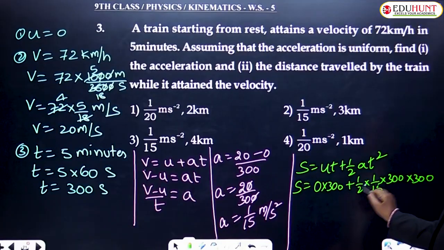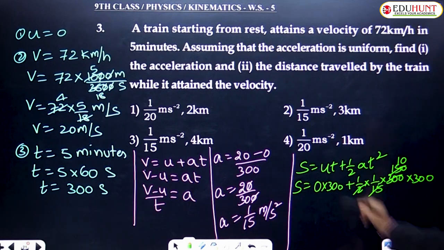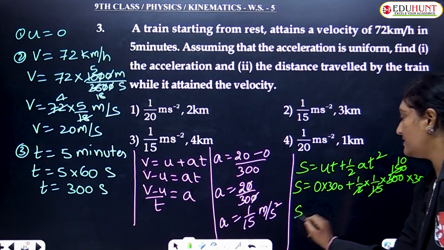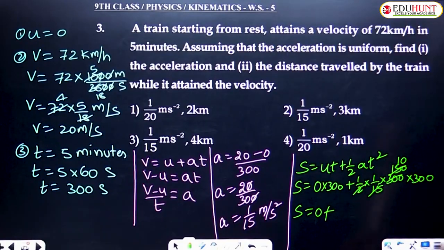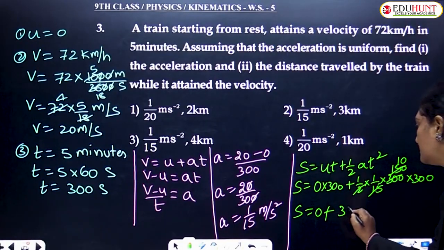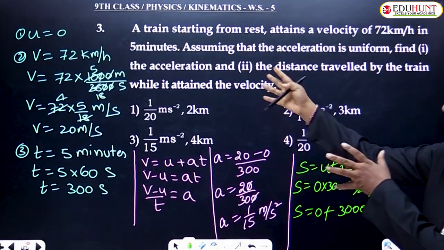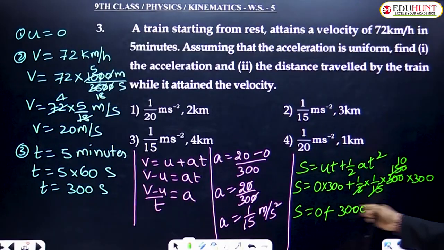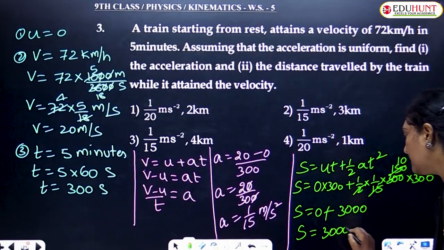So 2 goes 150 times and 15 goes 10 times. So 0 into anything is 0, hence S is 0 plus 10 into 300, which is 3000. Everything we considered in meters and seconds only. So you got the distance as 3000 meters.